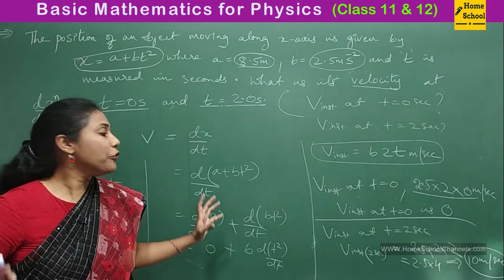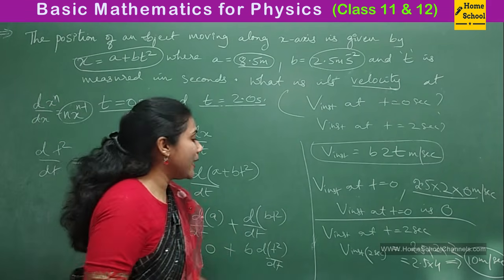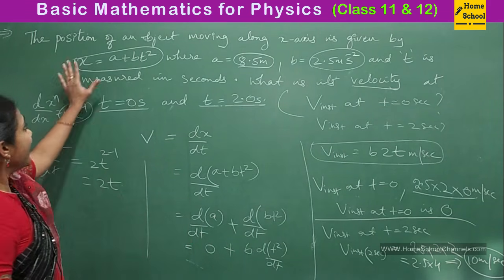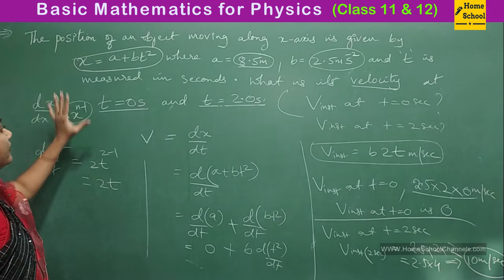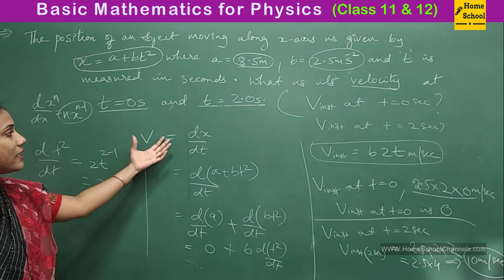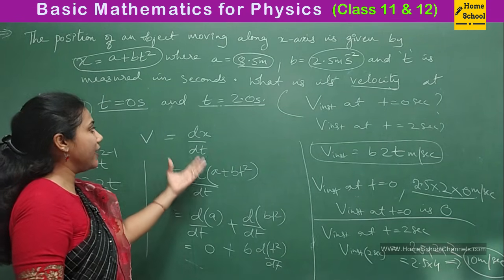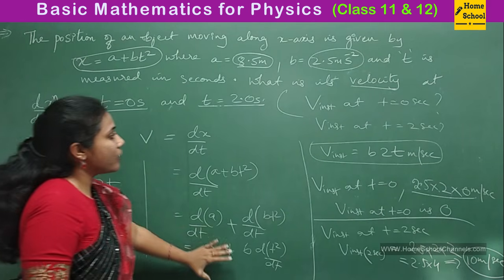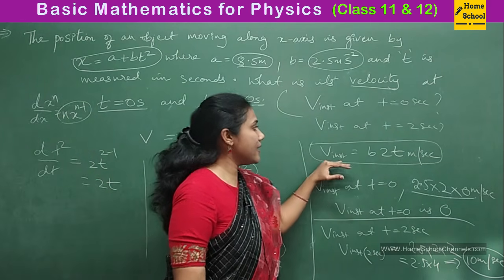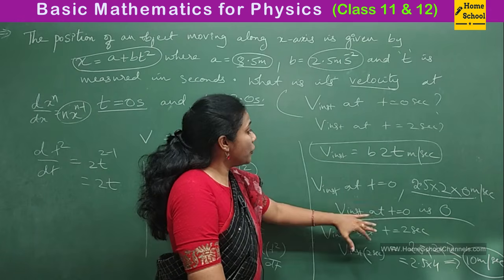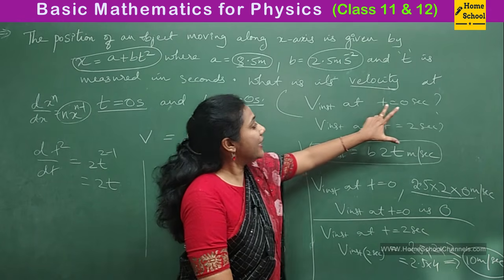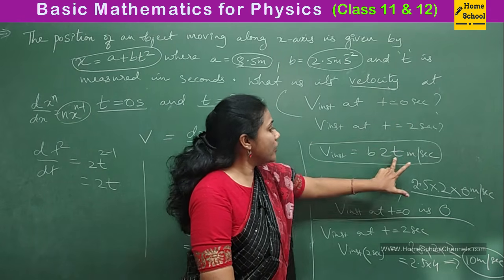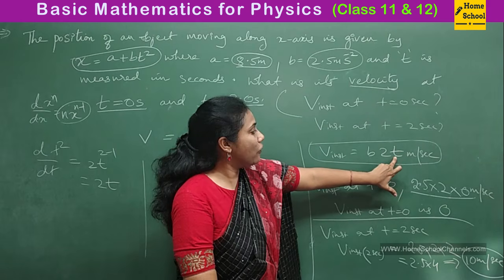So this is how you have to do a problem, guys. They gave the x value. By definition, our instantaneous velocity is equal to dx by dt, so we differentiated this equation. We got this much as instantaneous velocity, and they asked you to calculate it at time t is equal to 0, so we substituted the value of time here.